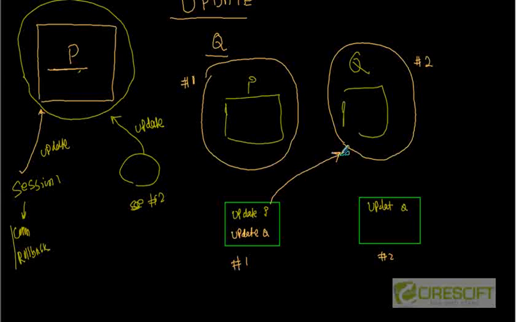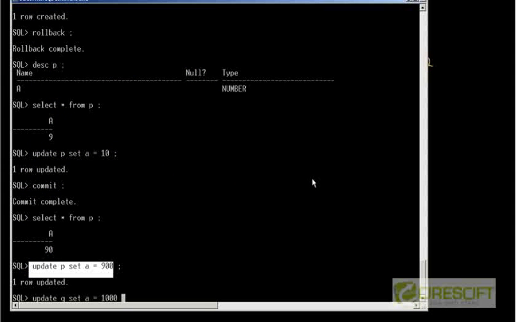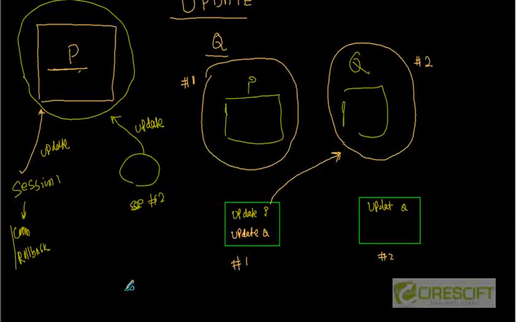The moment I do the update on Q, it waits, so it is blocked, because it is waiting to get access to table Q. Now I go to session number 2 and try to update P. Session 2 comes to table P and finds that there is already a lock on P, held by session number 1, so it waits there.